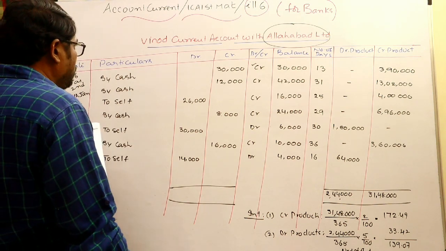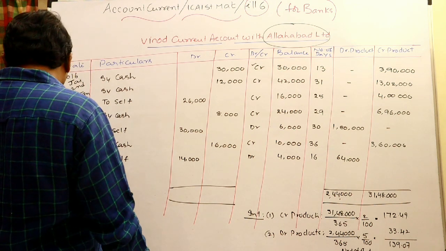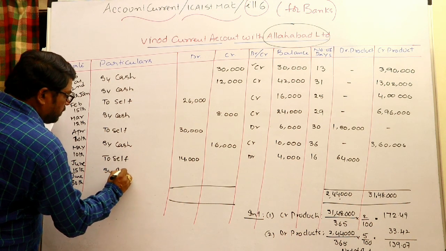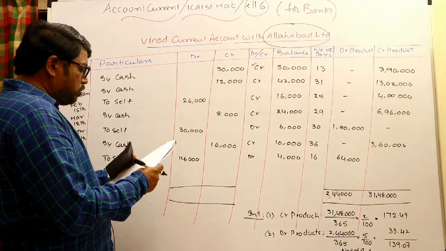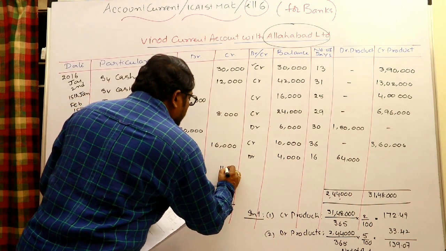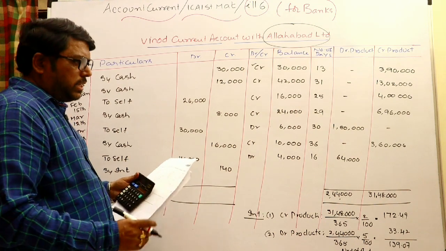Interest account debit to, you can make the Vinod a creditor. Interest account debit to Vinod, in the Vinod by interest, you may write in the credit column 140. Can I say once again?